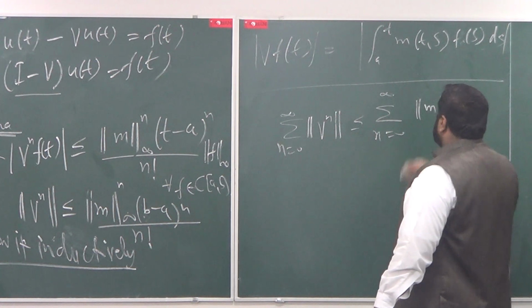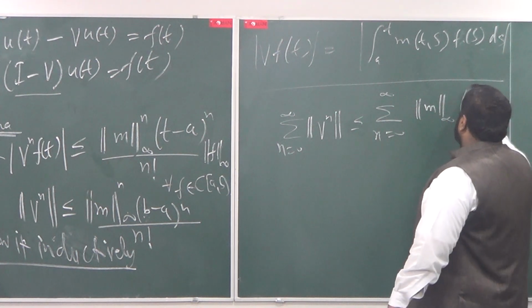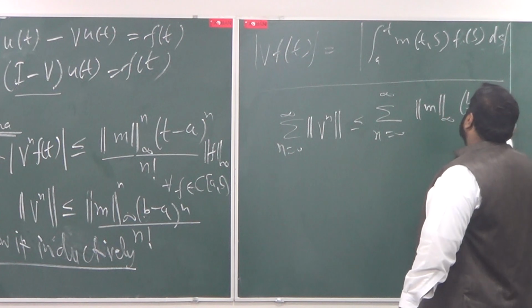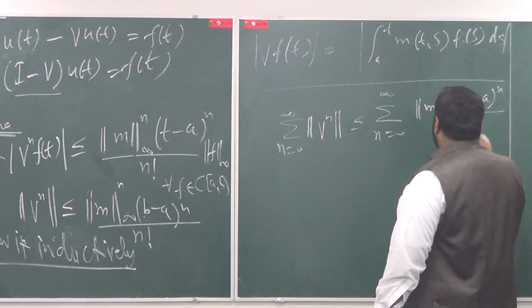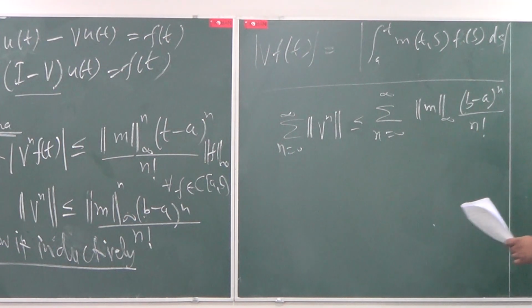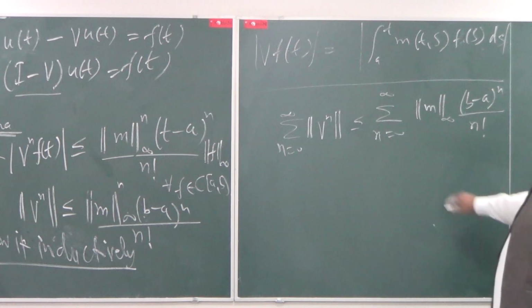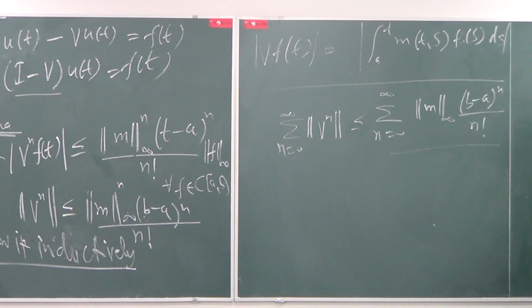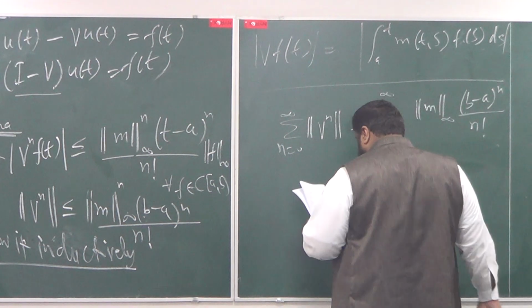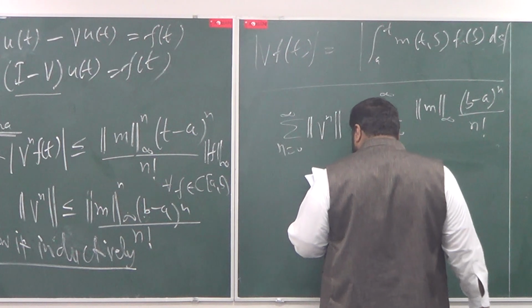Its infinity norm, (b minus a)^n over n factorial. Do you have a guess for this? What does it look like? The infinity norm of M to the power n.